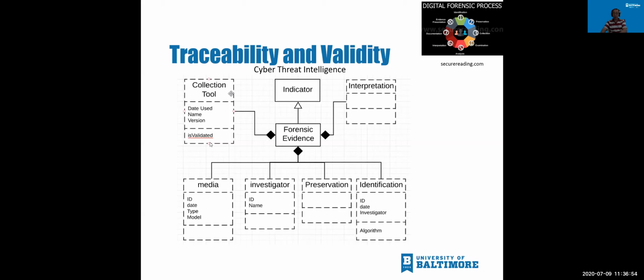And we want to use these classes to describe what the tools are that are used to collect evidence, where that evidence is collected from, those media classes, who does the investigation, how evidence is preserved, what the algorithms are that are used for identifying that forensic evidence, and how to interpret that forensic evidence.